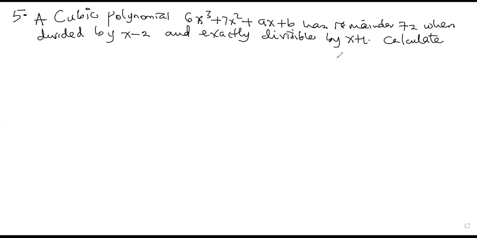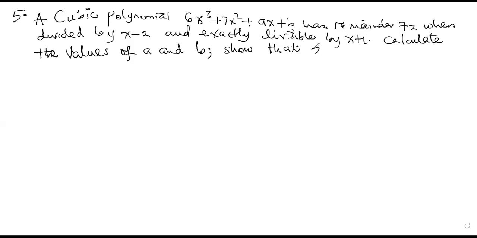Calculate the values of a and b. Show that 2x minus 1 is also a factor, then obtain the other factors.